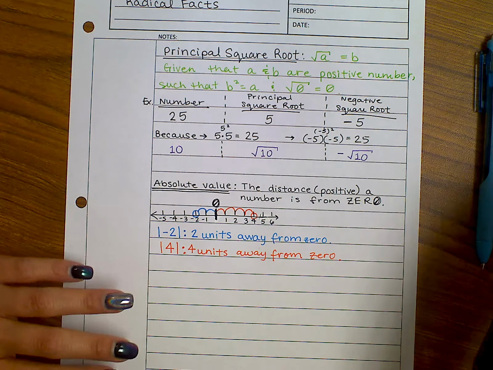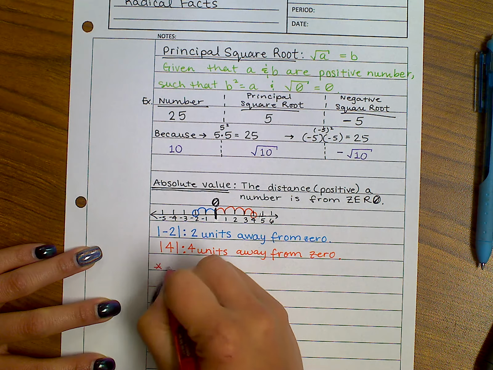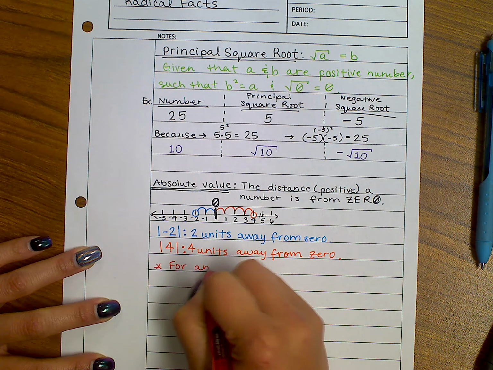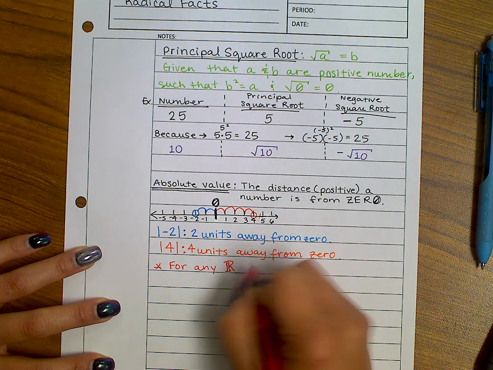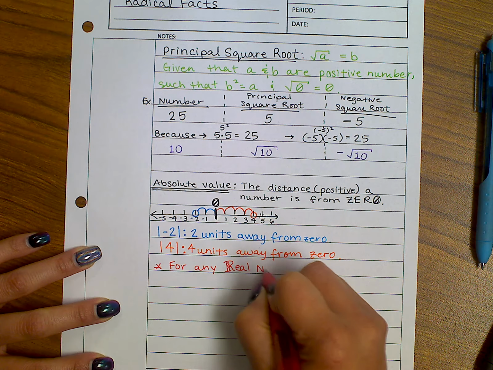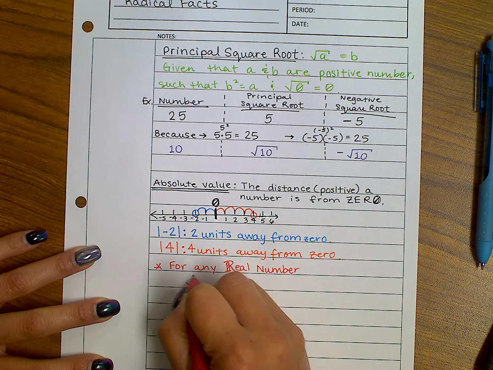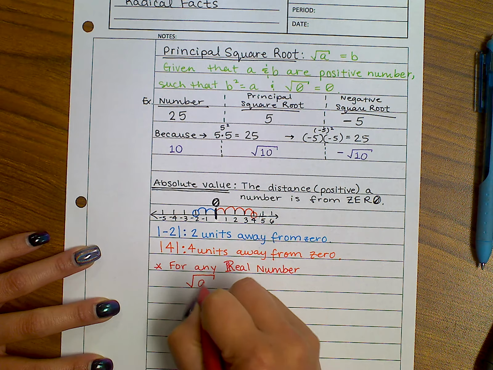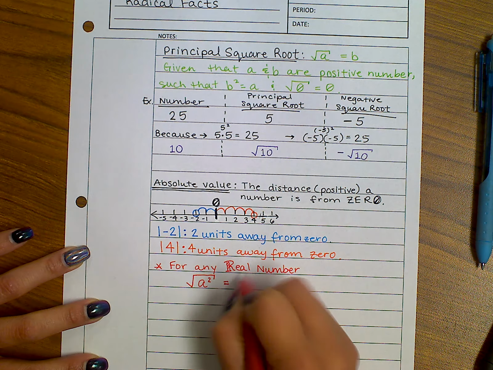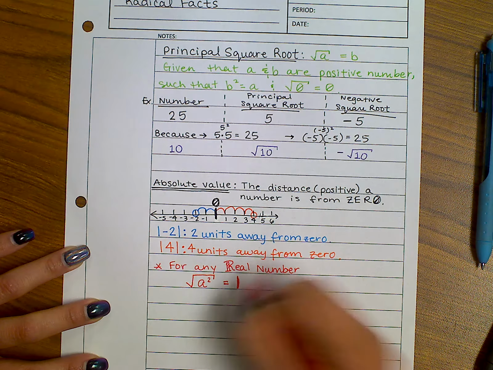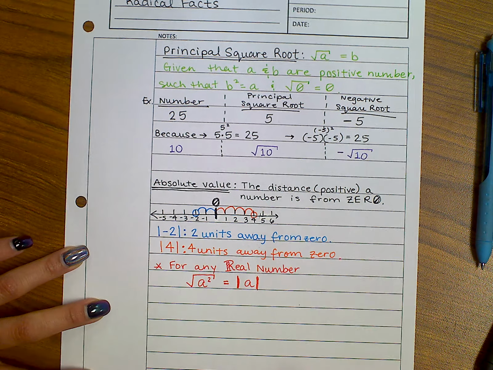Now, this would be true for any real number: the square root of a squared is equal, as long as it's real, to the absolute value of a.